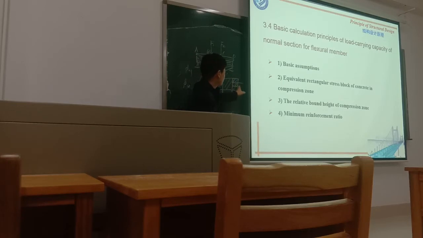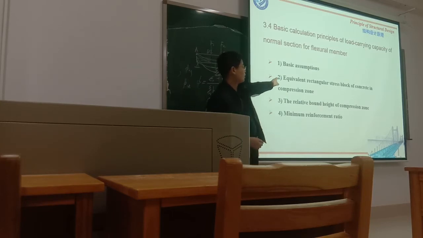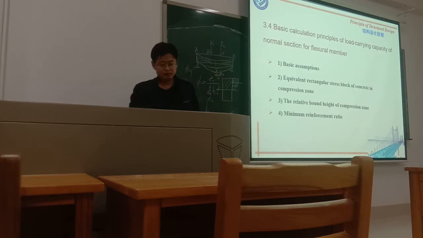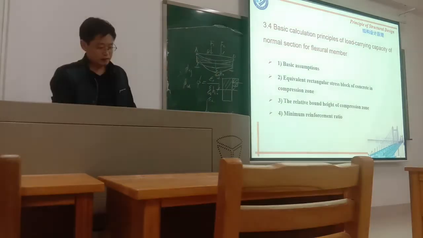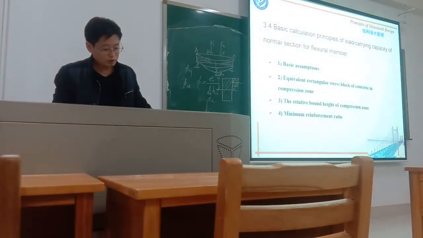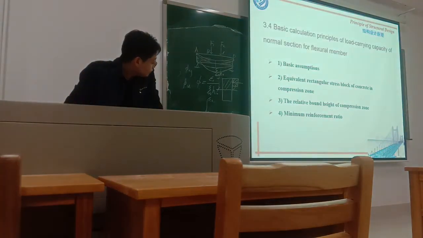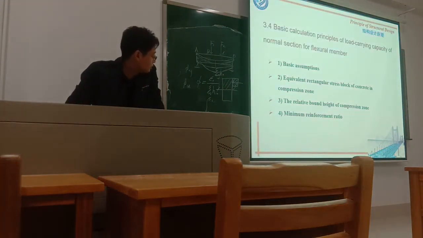Then we use this rectangular shape to replace this curve. So that's the second part, the equivalent rectangular stress block. And the third part is the relative boundary height of the compression zone and the minimum reinforcement ratio.